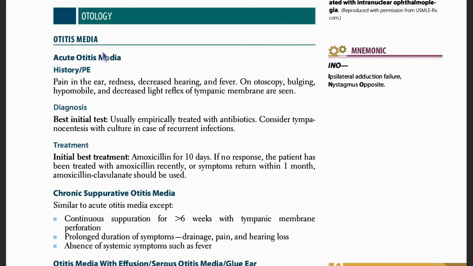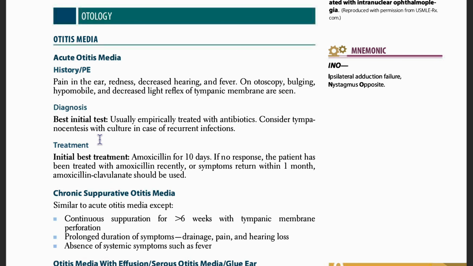Otology. Otitis media, acute otitis media. History and physical examination: pain in the ear, redness, decreased hearing, and fever. On otoscopy, bulging, hypomobile, and decreased light reflex of the tympanic membrane are seen. Diagnosis, best initial test: usually empirically treated with antibiotics.